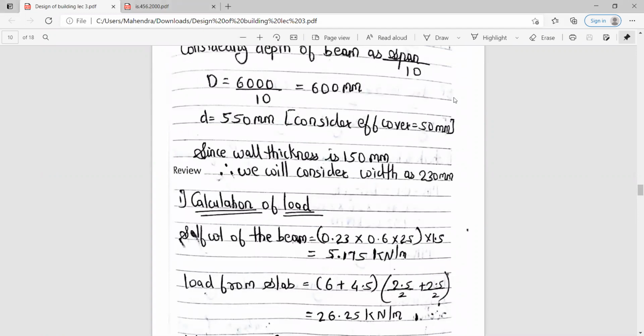So as you are going to take L effective by 15, for which slab are you designing?